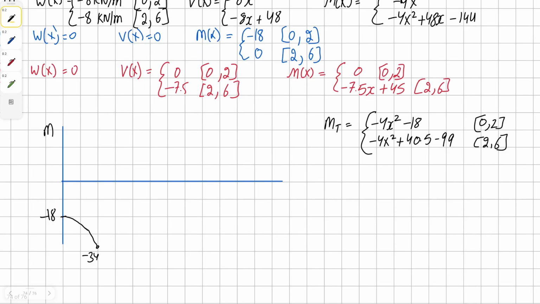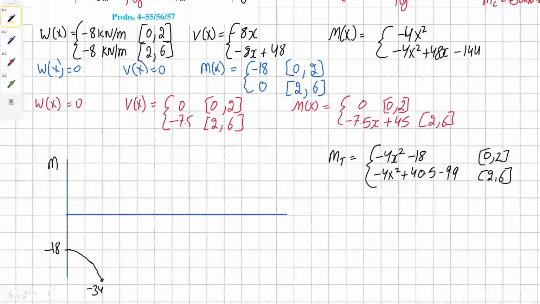So for our second equation to go forward, first of all, we need to determine if there is any intersection for our shear. To do that, we have to find our shear equation for region 2. In this case, it's going to be negative 8x plus 48 take away 7.5, which is 40.5.